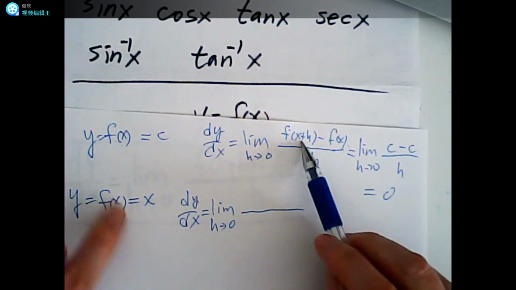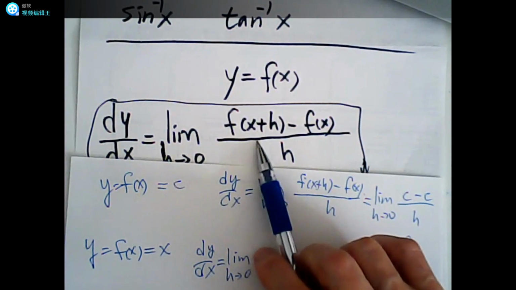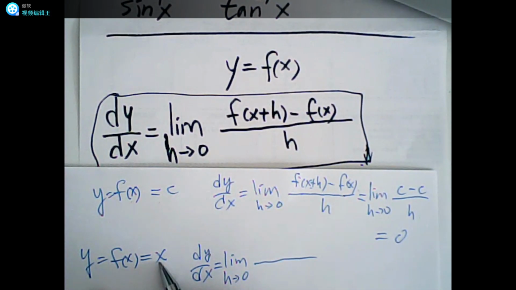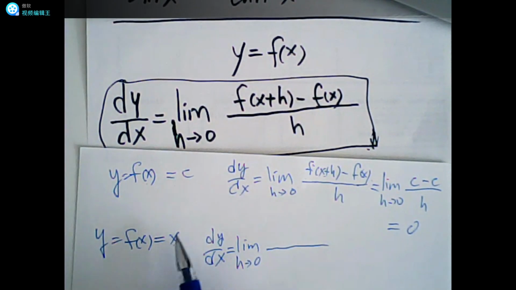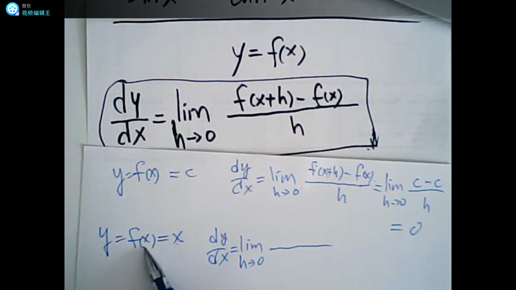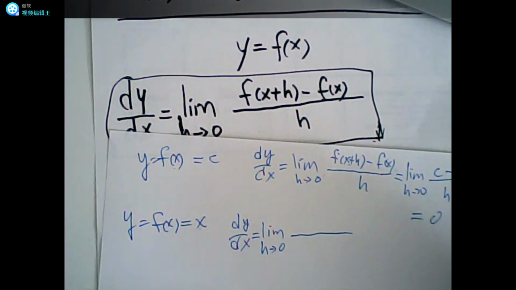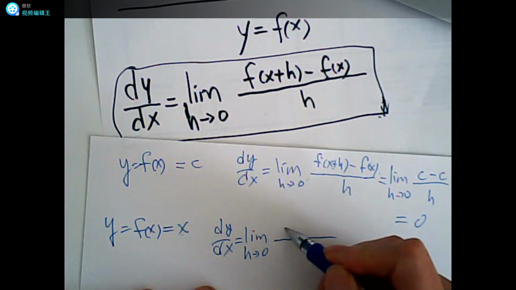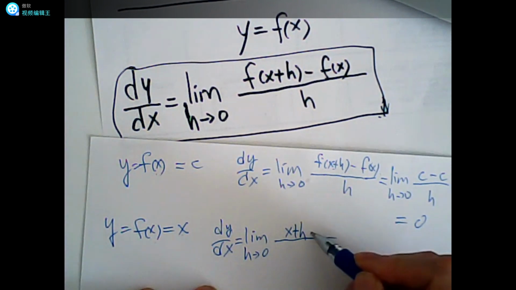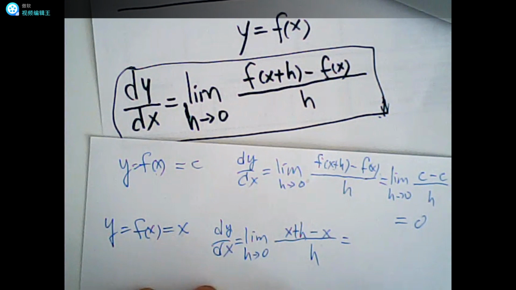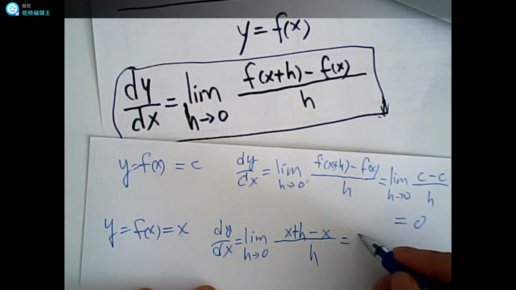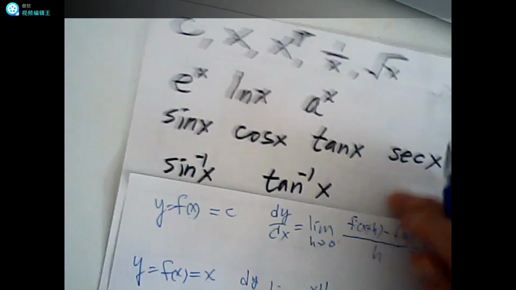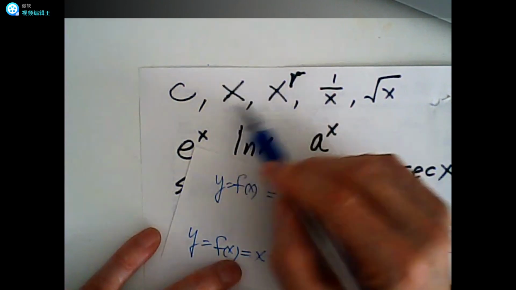So f of x plus h, because this is not a constant function, this is an identity function. Whatever value you're given, the function value is equal to the same value. So when you give x plus h, this is x plus h minus x over h. So x cancels out and h over h becomes 1, so the result is equal to 1. So for this function, the derivative equals 1.